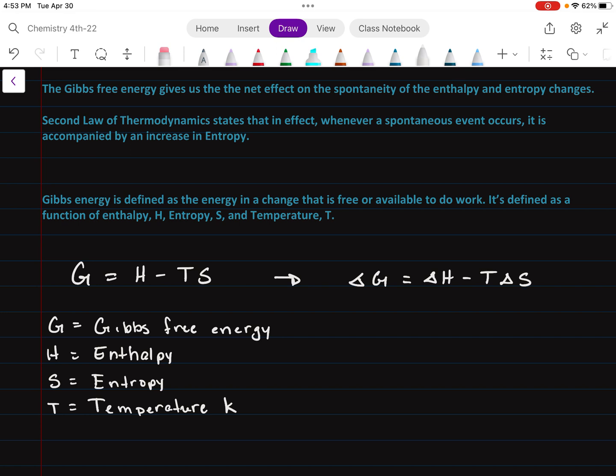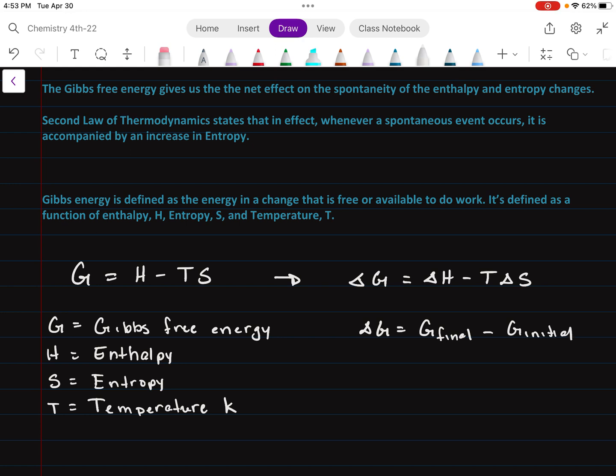Now, remember that delta means change, so delta G quite literally means your G final minus your G initial. And this is exactly what we talked about when we talked about entropy, right?